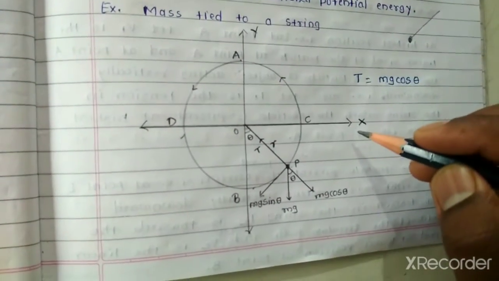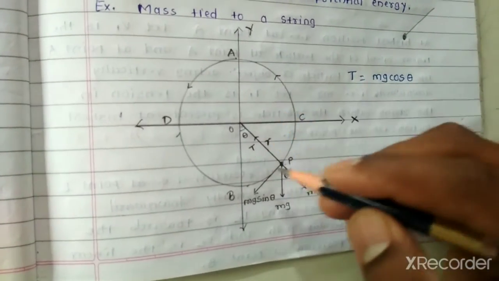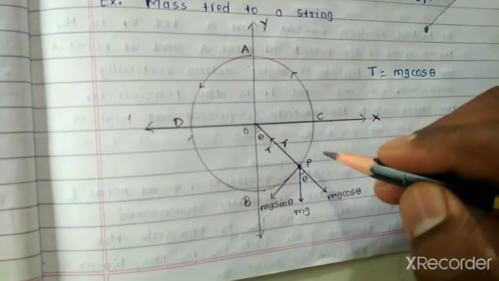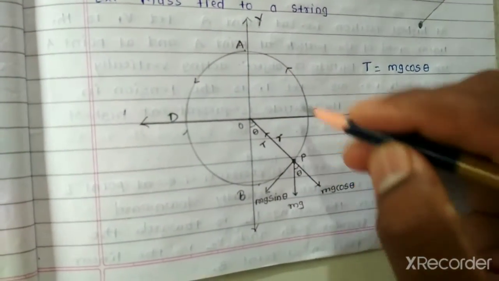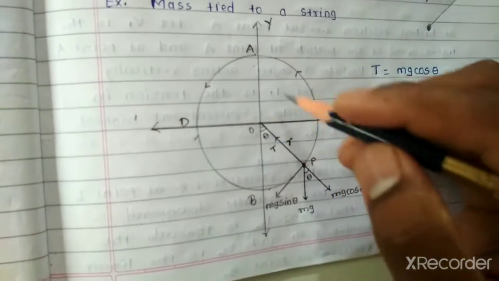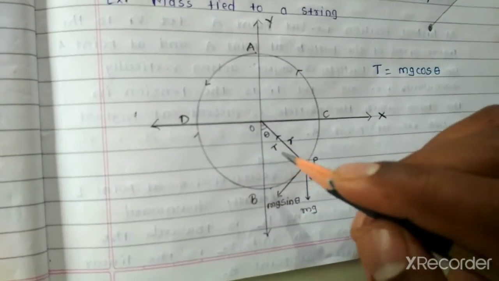This is the y axis and x axis, and this particle is reeled in a vertical circle in anti-clockwise sense. यह एंटी क्लॉकवाइज में घूमेगा ना, अगर समझो यहाँ पर हमने ऐसे किया. So this particle is reeled in a vertical circle in anti-clockwise sense.